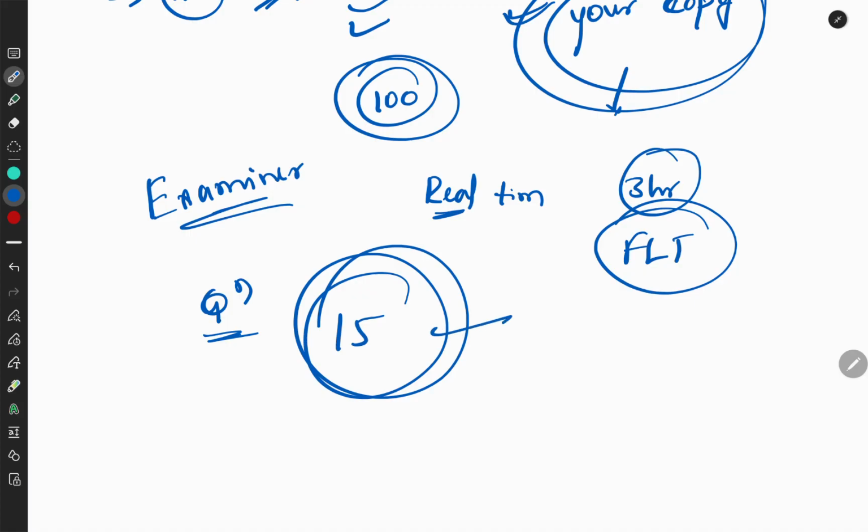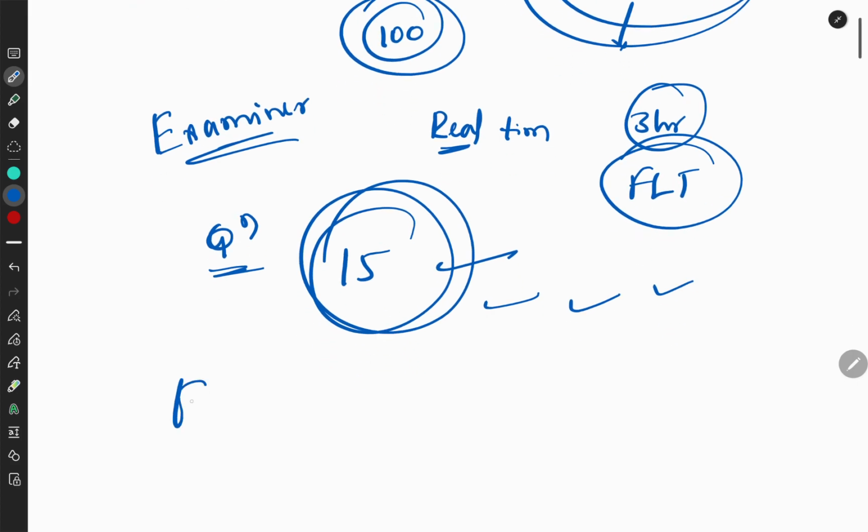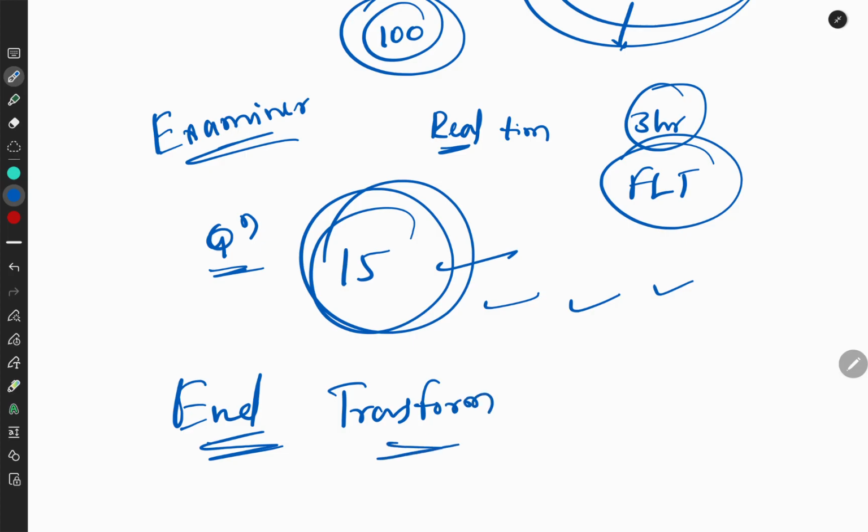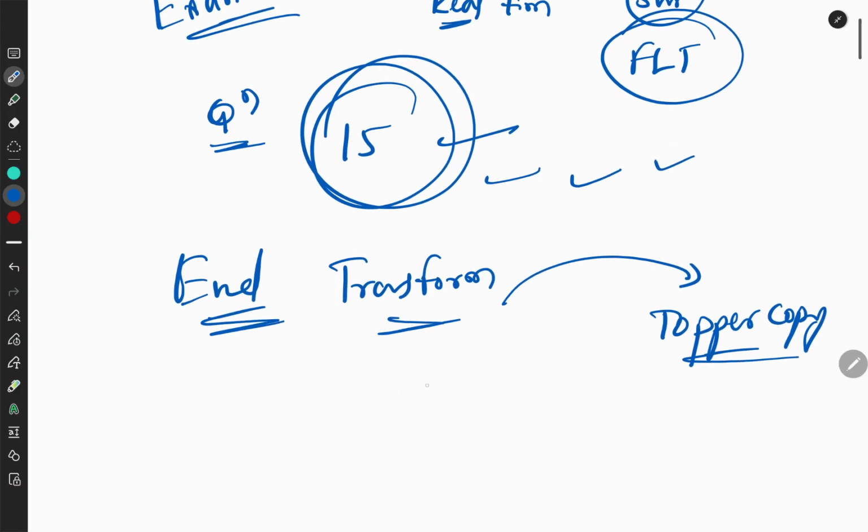They include neat handwriting, structured flow, diagrams, data, schemes, and much more. By the end of the video, you will understand exactly how to transform your answers into a topper copy, how you become a topper. Without any delay, let's start.